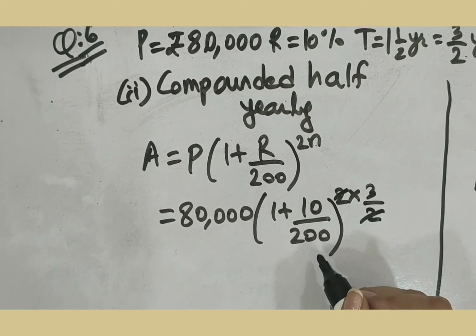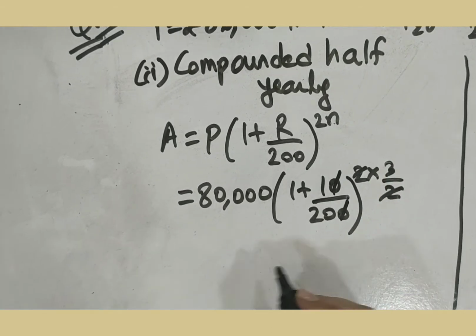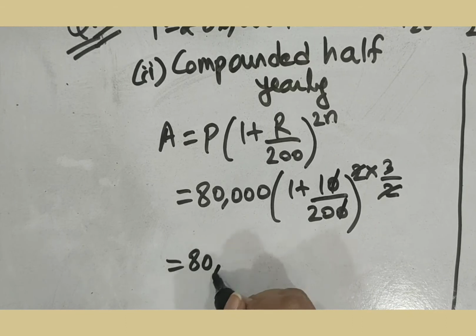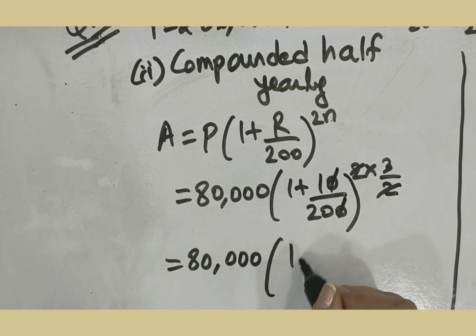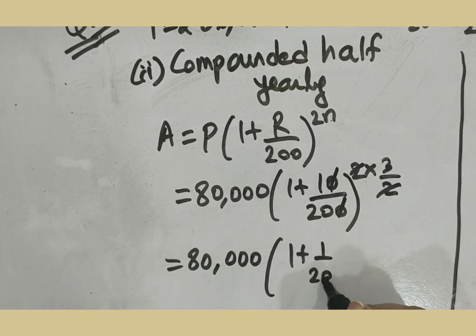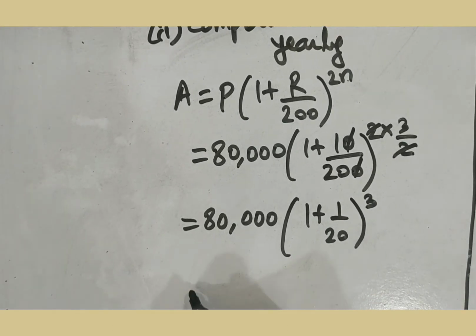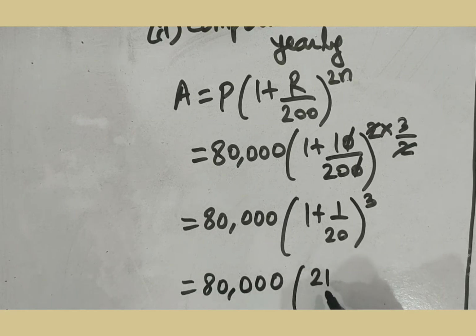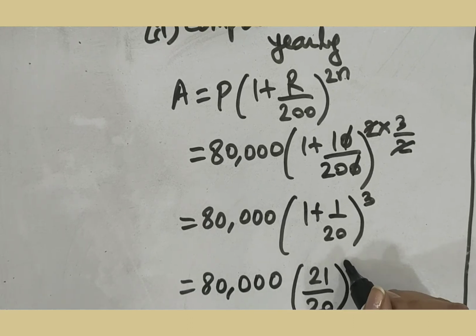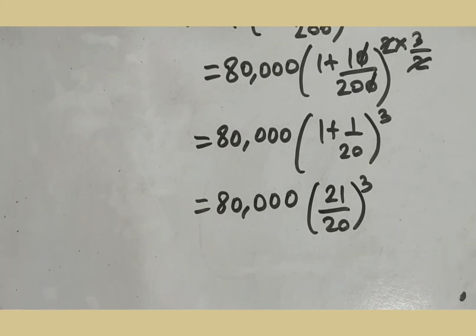So 2 will get cancelled. One more 0 will get cancelled here. So it will be 80,000 into 1 plus 1 upon 20 whole cube. So if I take LCM, I will get 80,000 into 21 upon 20 whole cube. Now I'm going to write this 3 times.